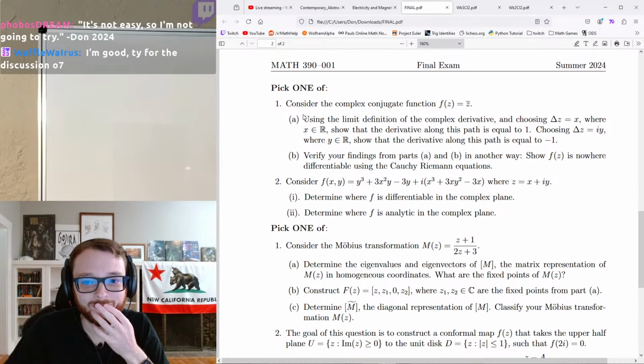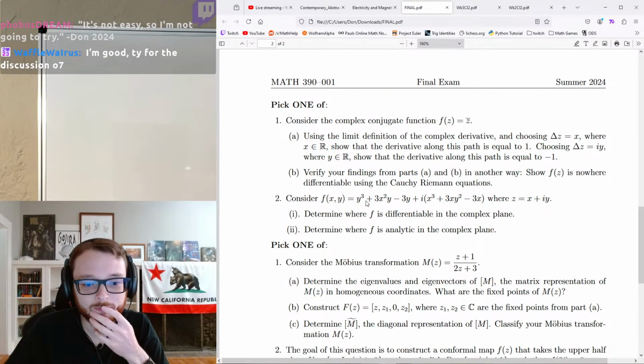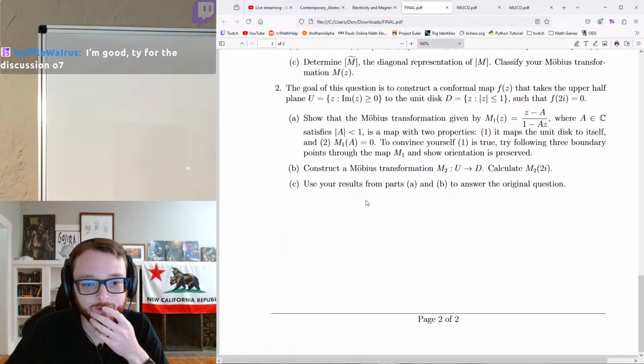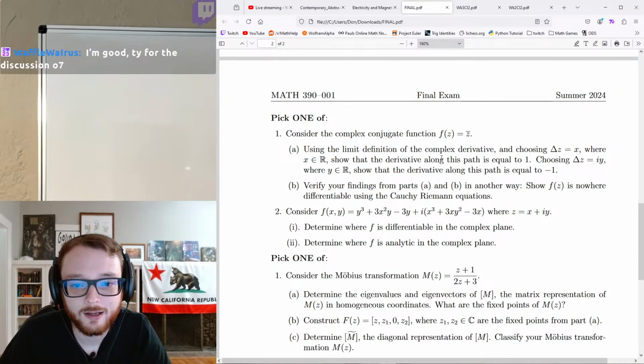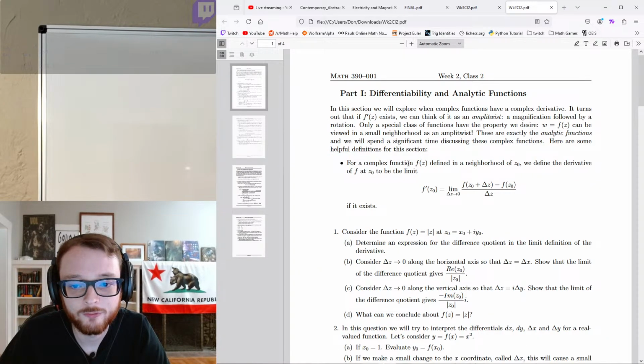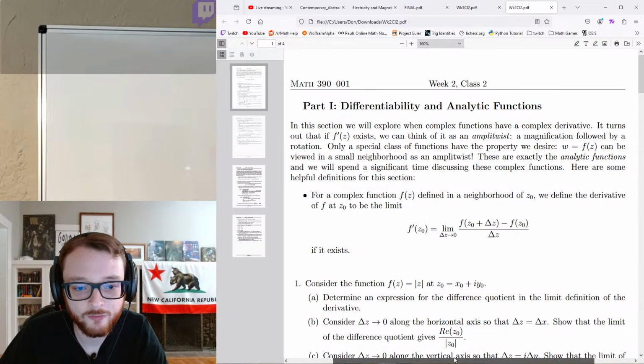So yeah, this is Penn Center's complex variables final exam. Just figured it would make a good filler for today. There's only 4 questions total, thankfully. I just pulled up the limit definition of a complex derivative, which is here. Just like a normal derivative, but you have z's instead.